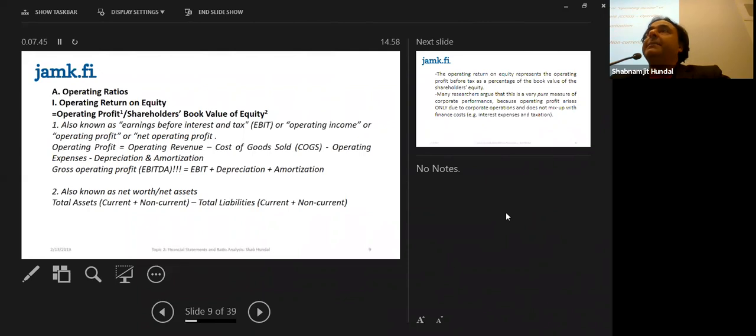Off patent means anybody can copy the formula and manufacture it. It means that when GlaxoSmithKline develops a new drug and launches it in the market, not the prototypes, but the real one, they know that after 20 years, there will be cheap substitutes.